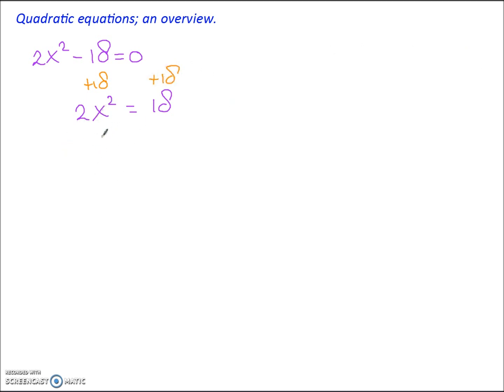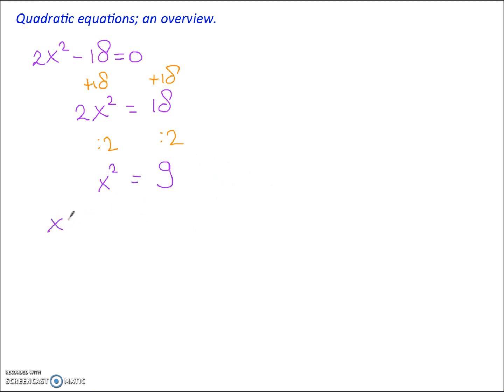Now, if I want to solve this further, I can divide both sides by 2 to get x squared is equal to 9. Now, we need two numbers that squared give 9.